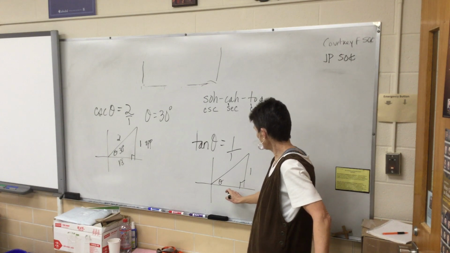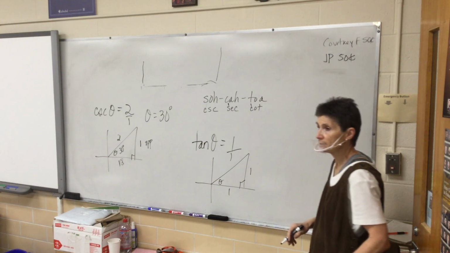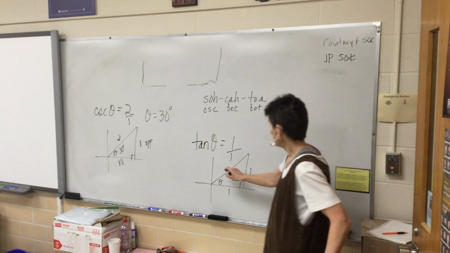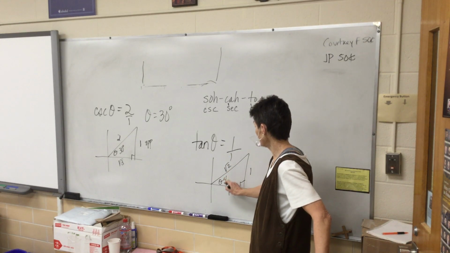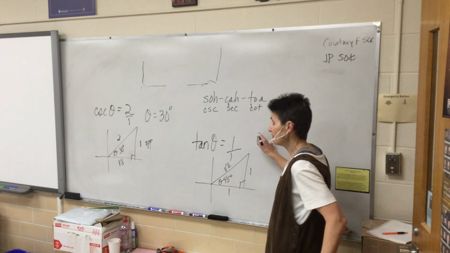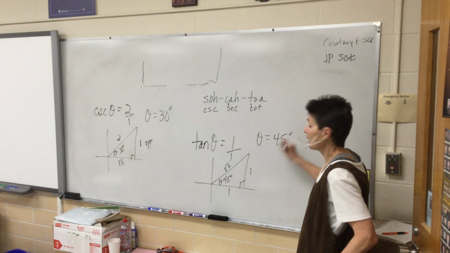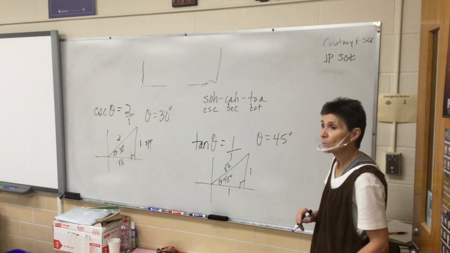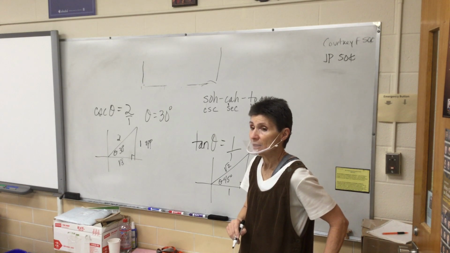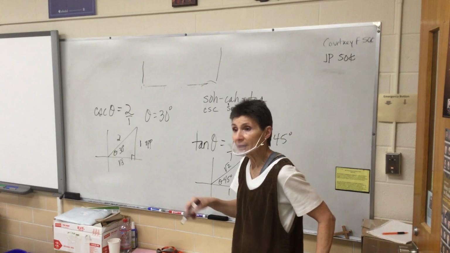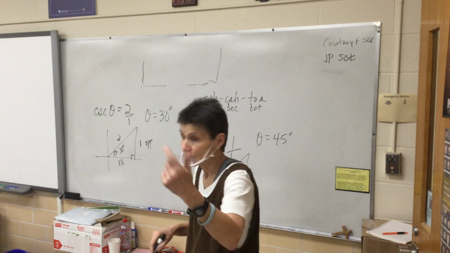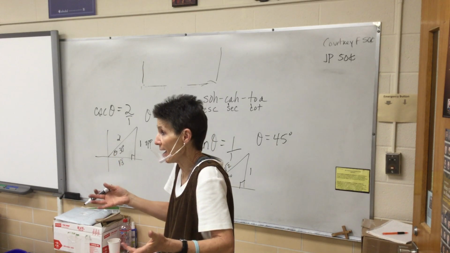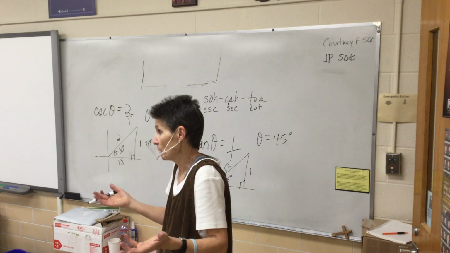So opposite over adjacent is 1/1. Oh, you should recognize that. This is √2, and that angle is 45. So theta is 45 degrees. If we're not using a calculator, every answer you get is going to be 45 or 30 or 60, right? Those are the only special ones you have at this point, anyway.